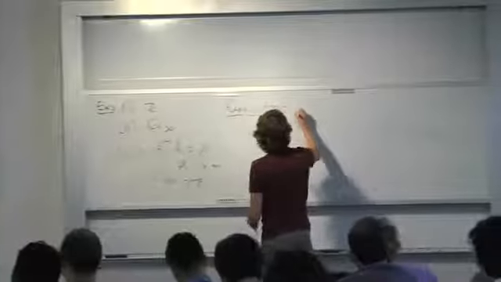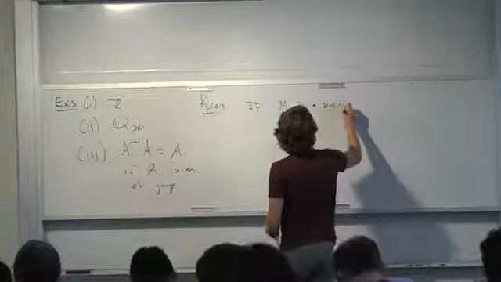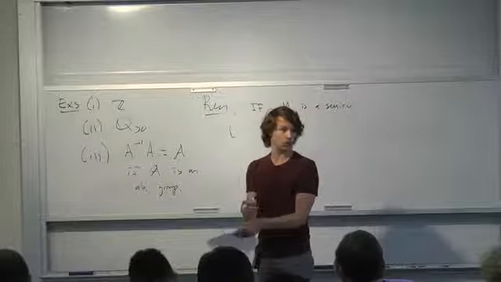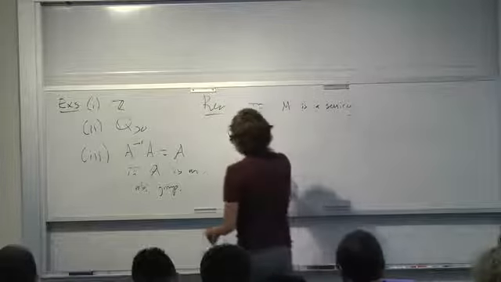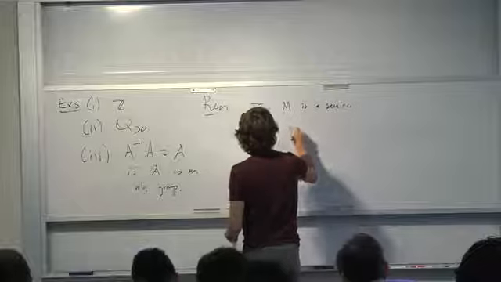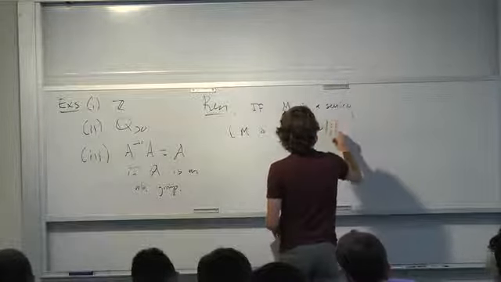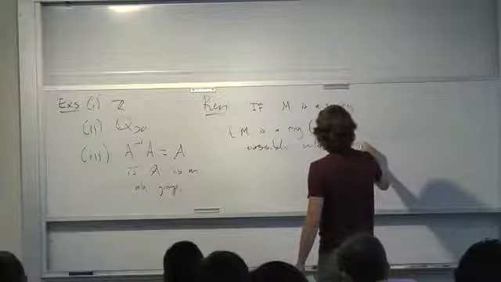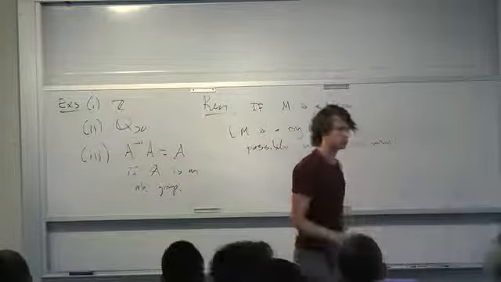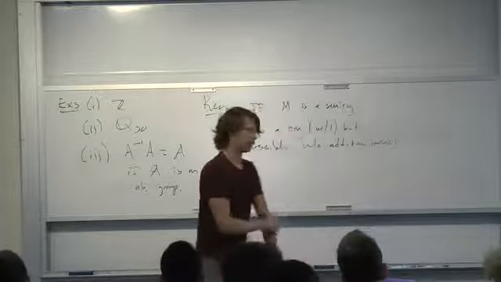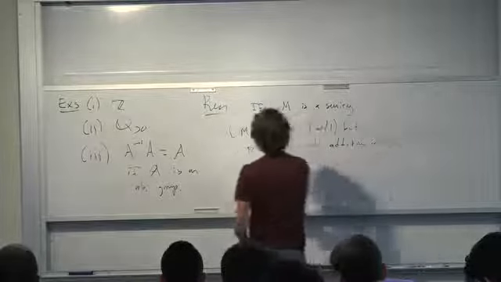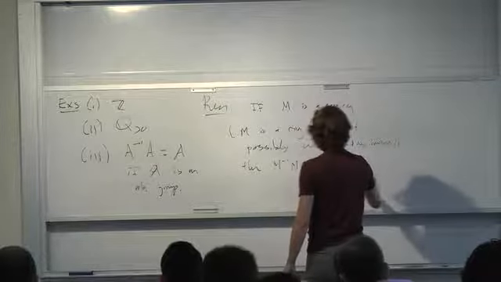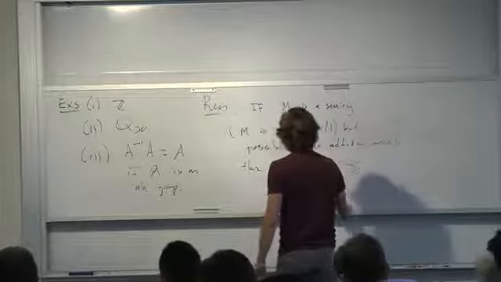So if M is a semi-ring, which means it satisfies all of the axioms of an associative ring with unit except for the additive inverse, so M is a ring with one but possibly without additive inverses, then M inverse M can be given the structure of a ring, and the map from M to M inverse M is a semi-ring homomorphism.